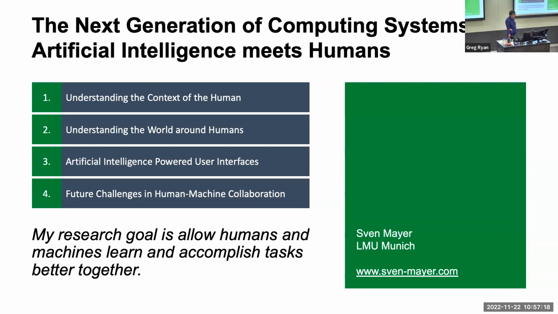We need the system to also understand the world. What does the human manipulate in the world? We need a good understanding of the world as well. And I showed one example of how such an artificially empowered system could look, and what this could enable in the future. And then I highlighted a couple of challenges and where future trends might go.